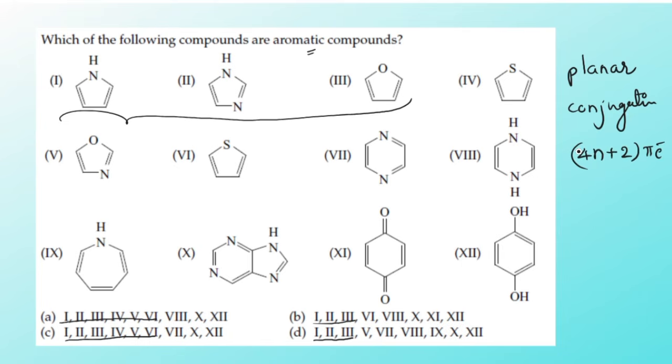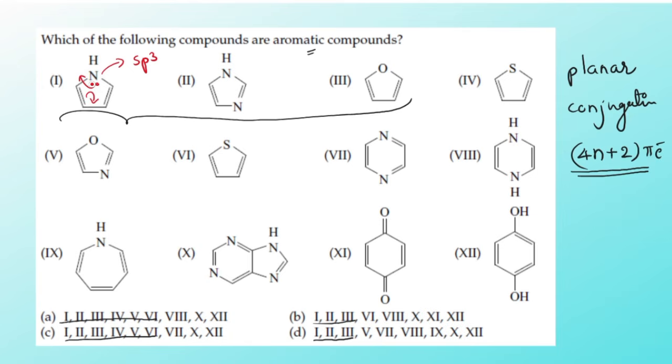For heterocyclic compounds, it's a little bit tricky to identify whether they will obey Huckel's 4n plus 2 pi electron rule or not. I'll explain for the first molecule. It is applicable for the rest of the heterocyclic compounds. On the nitrogen, there is a lone pair and this nitrogen is sp3 hybridized. That means this lone pair is available for resonance. Usually, sp3 hybridized nitrogens are pyramidal in shape.